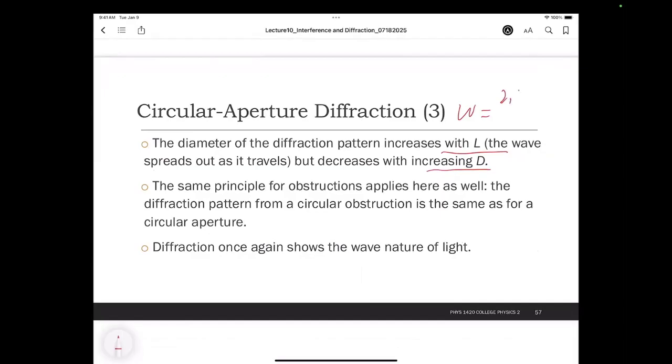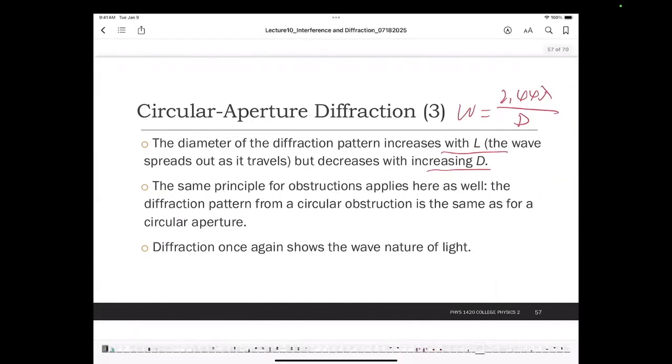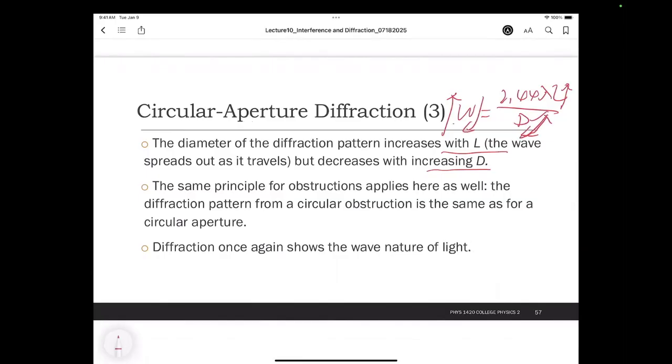W equals 2.44 lambda L over D, am I right? Yeah, so which means if the L increases then this W increases, if the D increases, it will decrease. Yeah, this is just talking about this equation.